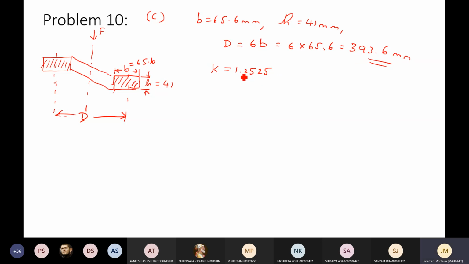K value depends on C. C value won't change as such. C is directly given as spring index as 6. So keeping all those things the same, what will be the value of tau? So this time tau will be K, sorry, loading also won't change.